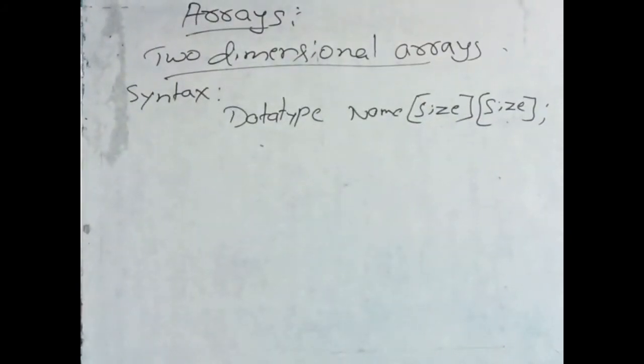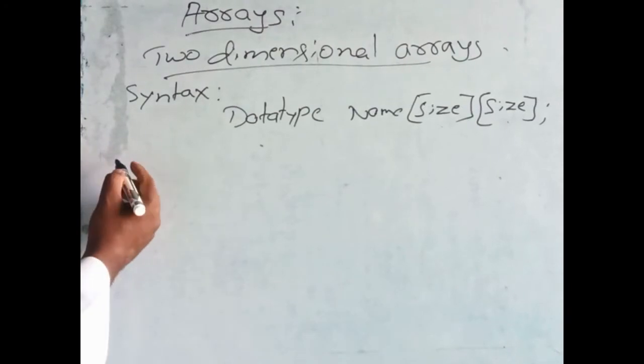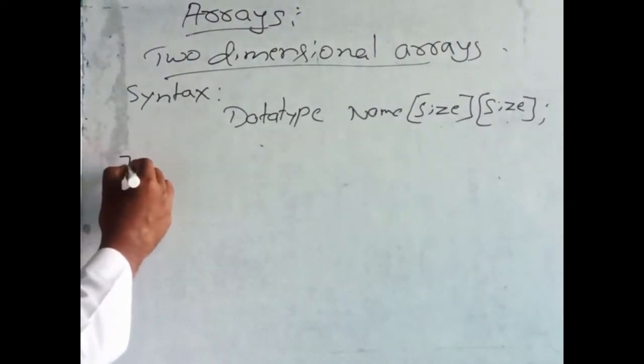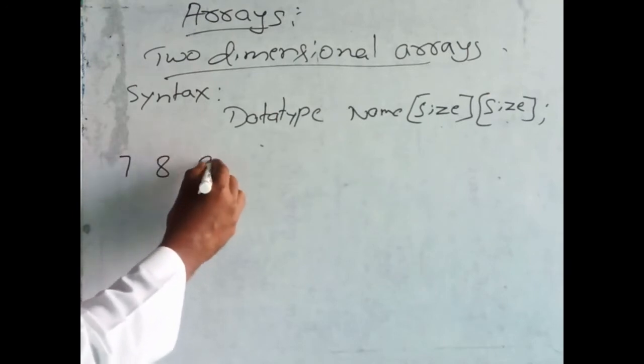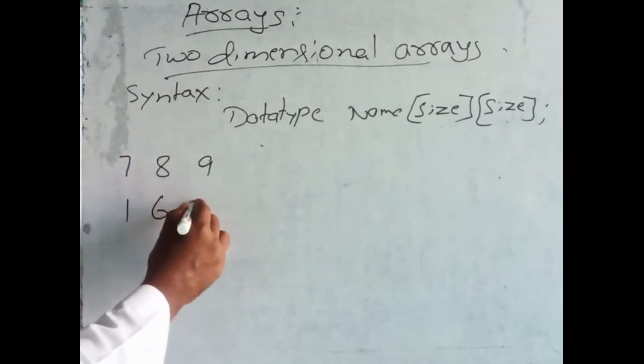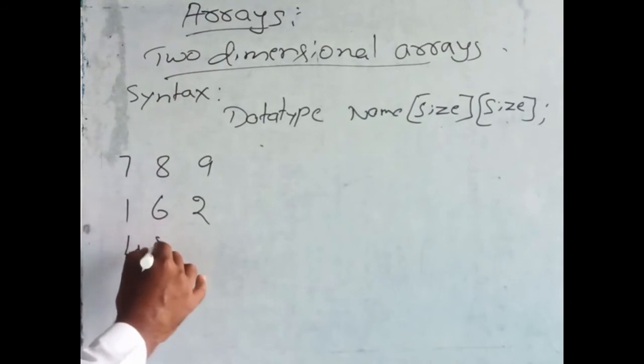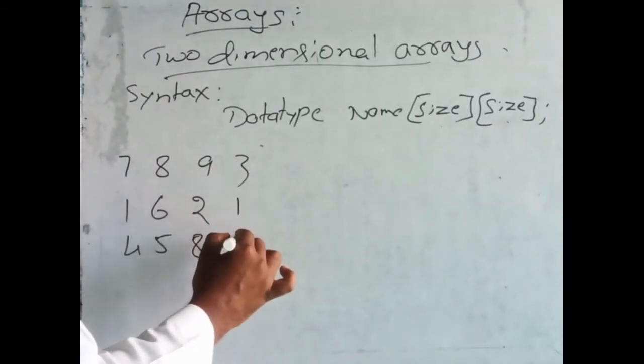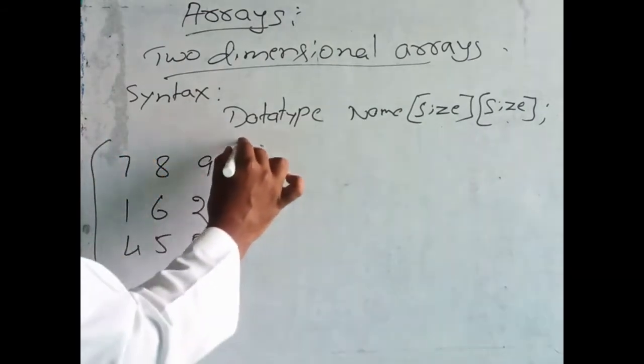Generally, two-dimensional arrays are used to represent a matrix. For example, one matrix is there here. This is the matrix.